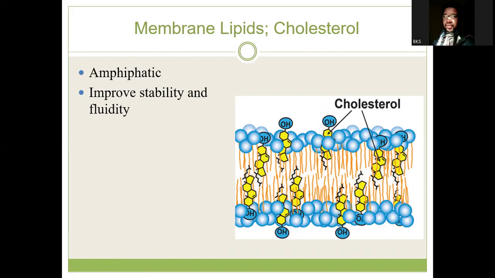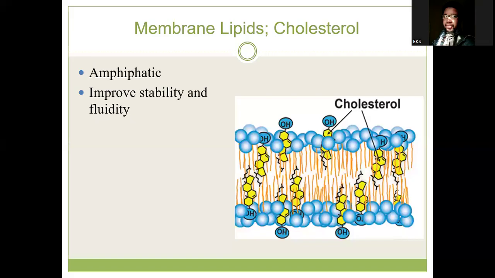That polar part of the compound is what now interacts with the hydrophilic part. And then the aromatic ring, which is purely hydrophobic, will now interact with the fatty acids. Cholesterol is amphipathic in nature, and it also helps in stabilizing the membrane by increasing the membrane fluidity.